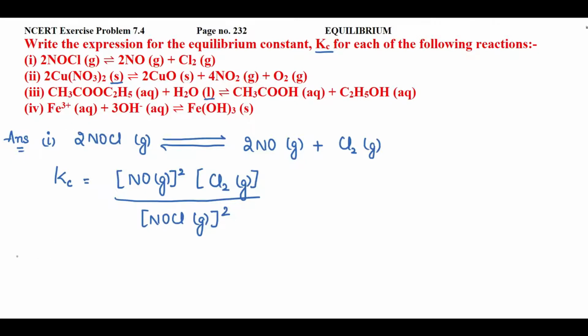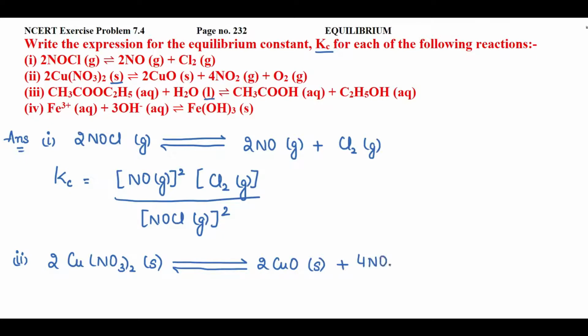Now let's see the second one, that is 2Cu(NO3)2 solid gives rise to 2CuO solid plus 4NO2 gas plus O2 gas.